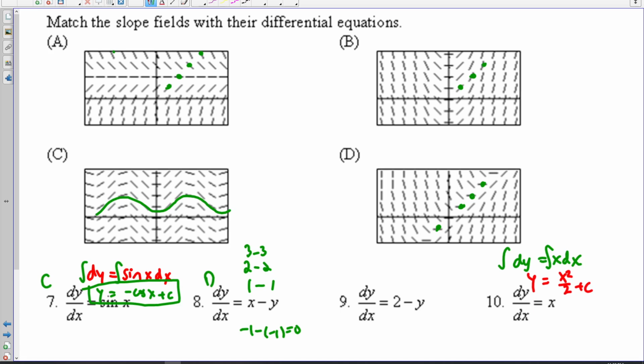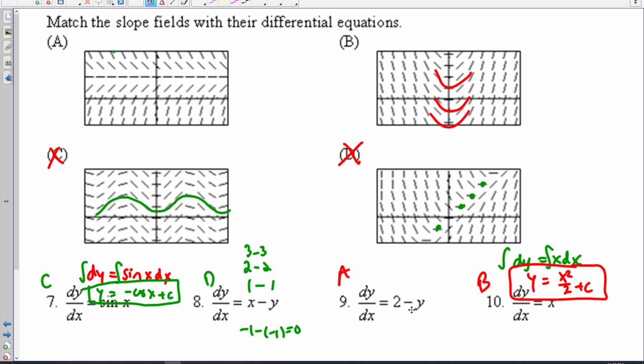So I've already figured out D and C. Between A and B, which one looks like x squared plus c? Remember, y equals is the answer blowing in the wind. So if you blew an answer in the wind, which one would look like an x squared over 2? And that answer is B. Like these look like x squares, right? Okay, and so that leaves you with this answer here being your A.